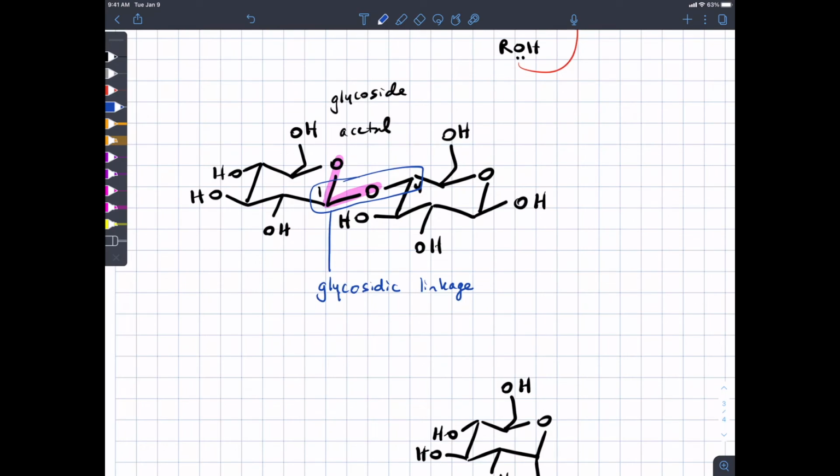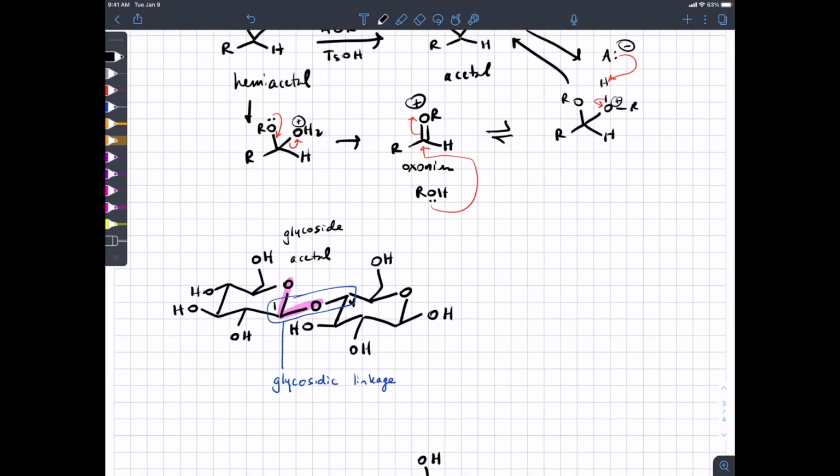Now, you may be looking at that and saying, wow, who picked that the OH group on carbon 4 was going to form an acetal with the anomeric carbon 1 on another sugar? But before we talk about that, do you guys see how we can get this from two different glucose molecules?